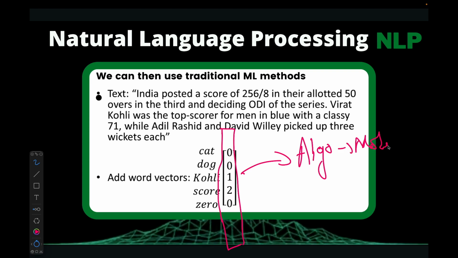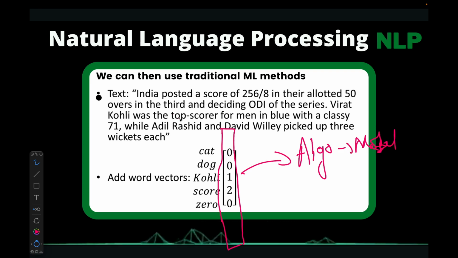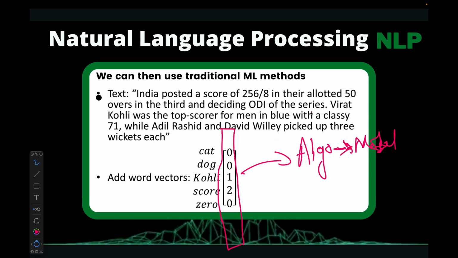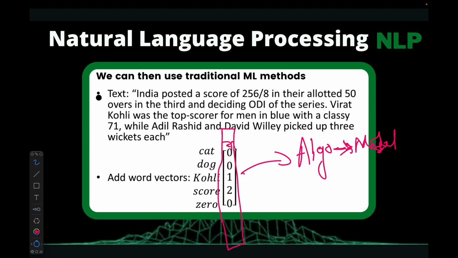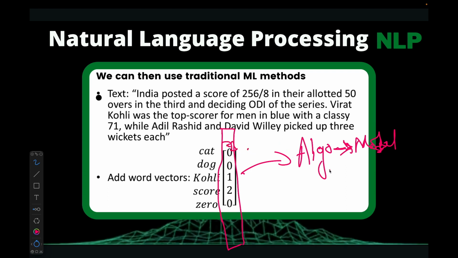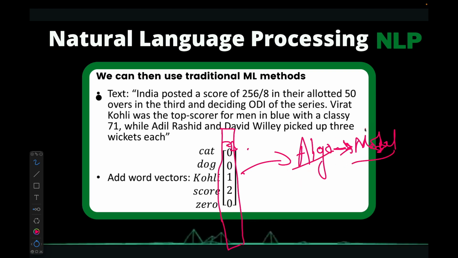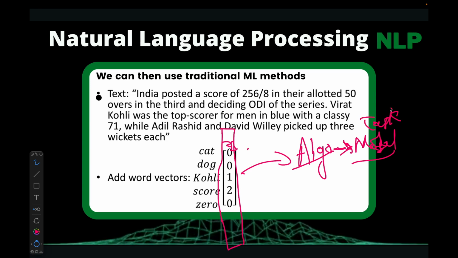So basically that's what we do. We're going to see more of these things practically as we move on to the lab session. As we start doing some projects, we're going to see how we convert all our text to vector form, and then from vector form we choose an NLP algorithm, and then we build a model to perform some sort of task, or solve some sort of use case.